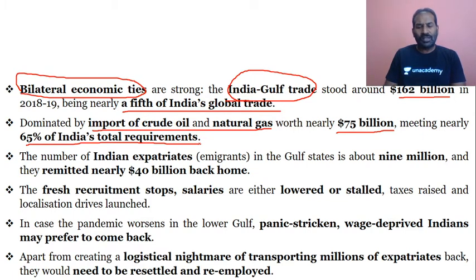When I said it is almost 80 percent, here it says 65 percent of India's total requirement, but it is close to 80 percent of the Indian crude oil. We are dependent on imports. So when we are dependent on imports, definitely we are buying it and we have to pay for it.